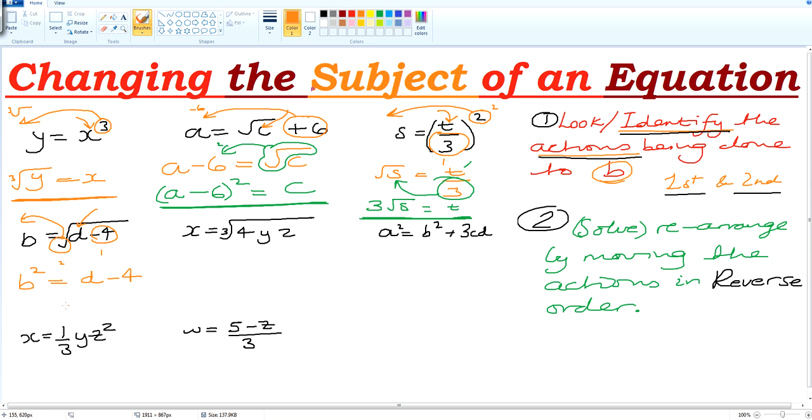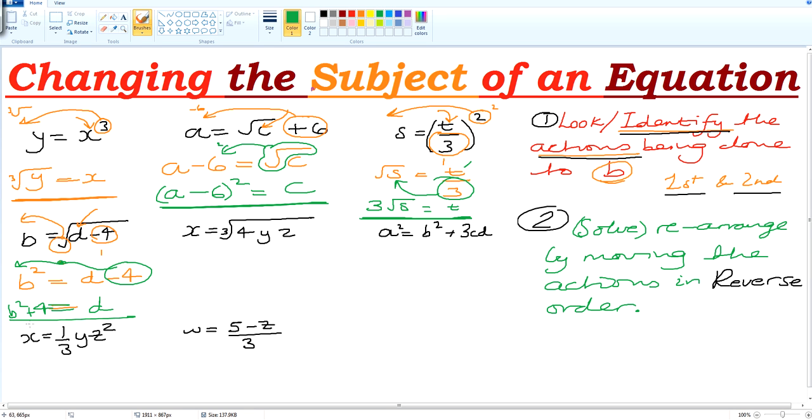Now we've got to make d the subject, so we've got to move the minus 4 over. Opposite of minus 4 is plus 4. So b squared plus 4 is equal to d. And that question is done.